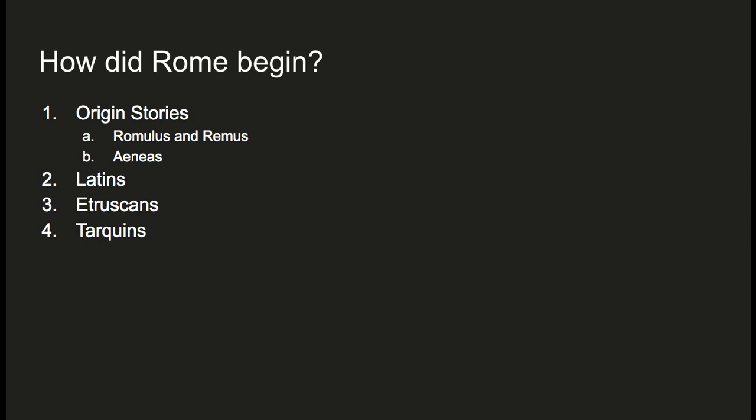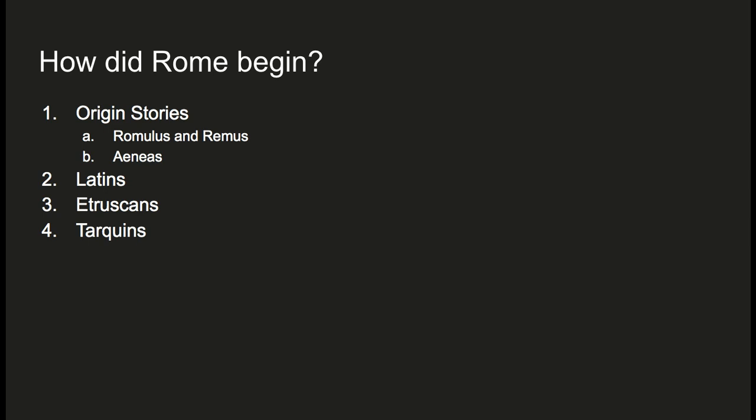Rome takes place relatively around the same time as Greece, maybe a little bit later. Those two origin stories are part of the mythology of Rome. As you will see, these stories are most likely not true, and they're kind of these heroic stories along the way.